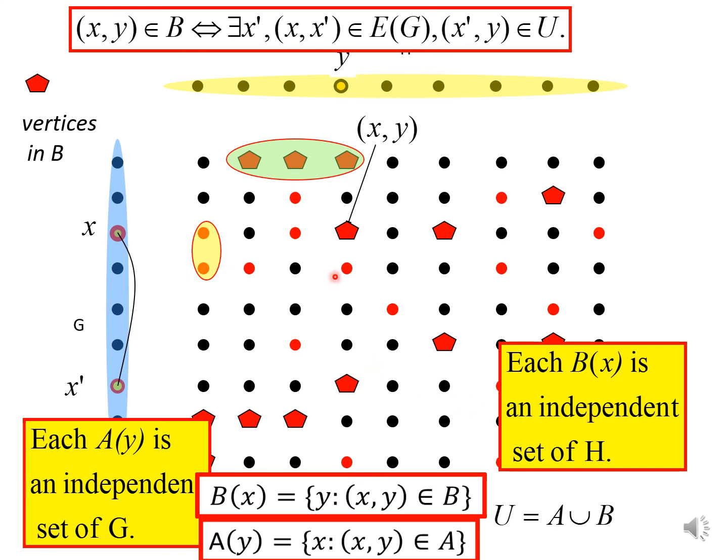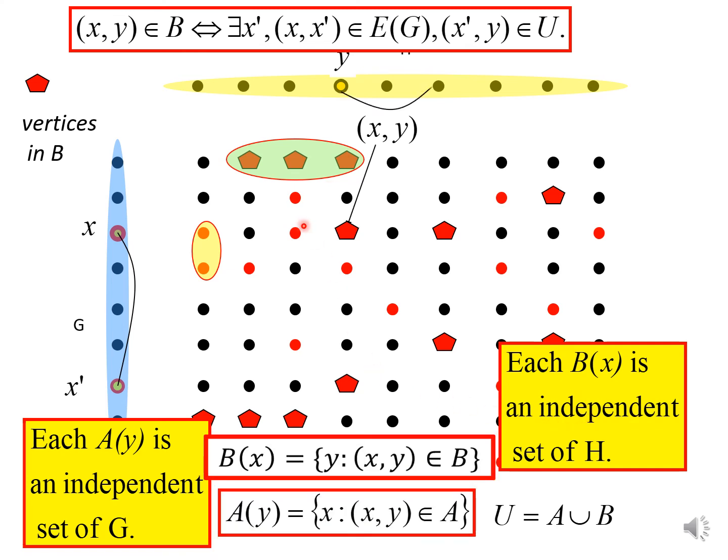Why is that? Suppose this is not true. Let's look at this x, and I have this vertex in B_x. I should look at the first coordinate. Suppose this is not independent. That means I look at the second coordinate, there's an edge in H between them. Then I look at this vertex. Why do I put this vertex into B? I put this vertex into B because I find this vertex in U, and there's an edge here.